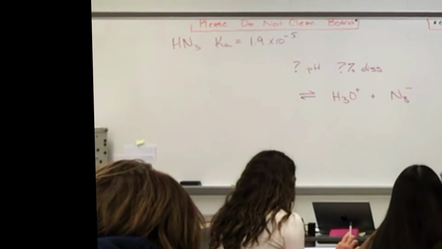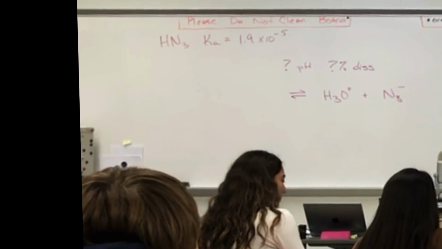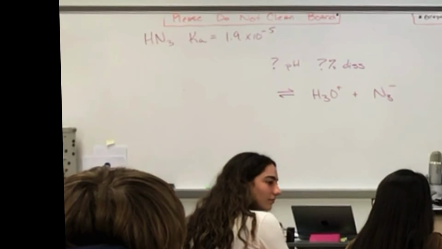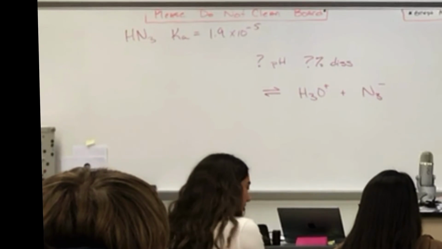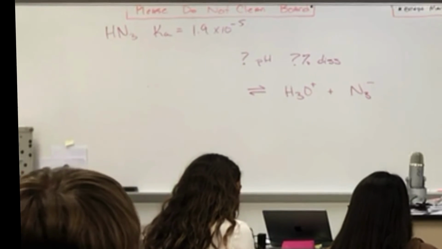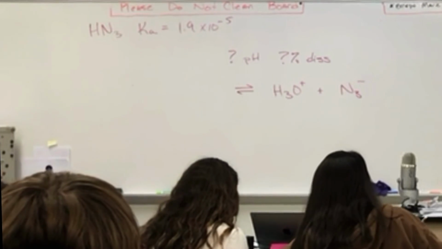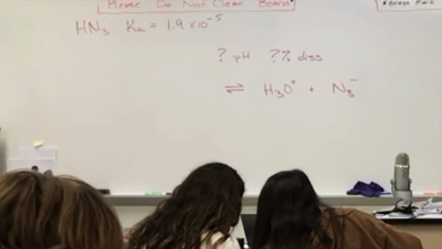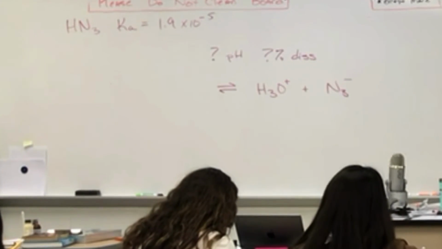The other thing that you need to be careful about is what this volume is. I made it relatively easy so that if I've got 0.75 molar, if it's a liter, I've got 0.75 moles. If this is not 1 liter, you need to go through and do some math, right?